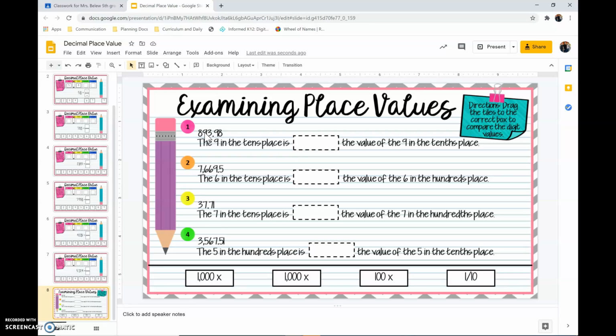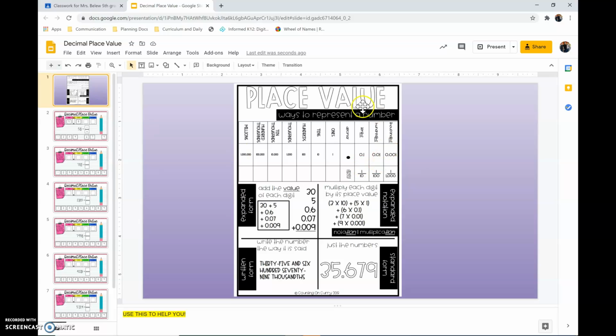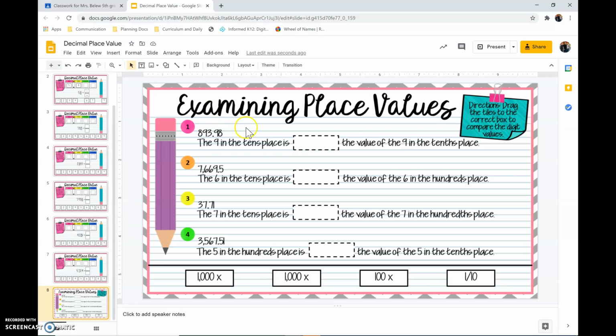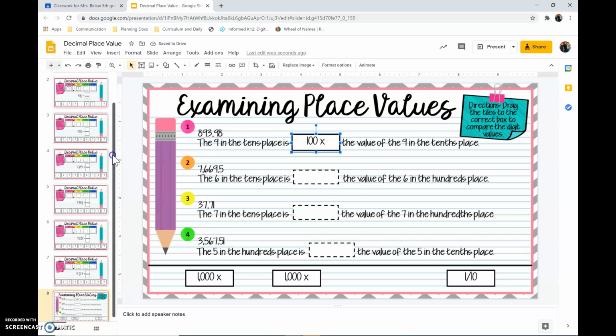Well, here's the thing. When you have a number on a place value chart like this one, and I go from the tenths to the tens, I'm multiplying by 10. So that's 10 times 10. 10 times 10 is 10 to the second power. 100. So the 9 in the tens place is 100 times the value of the 9 in the tenths place.